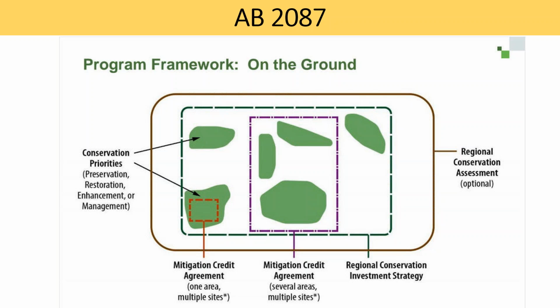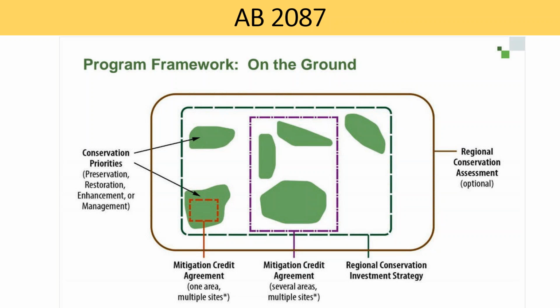This all started before the development of AB 2087, but there was significant effort to make sure that there were components of RCA language that were carried within 2087. For those of you who are familiar with this or not familiar, there's three different components of AB 2087. There's a regional conservation assessment, which identifies the broader conservation priorities on a broad scale.